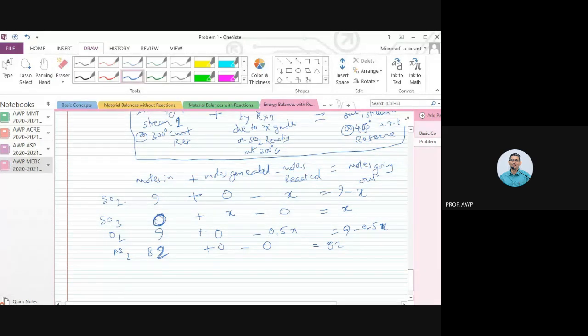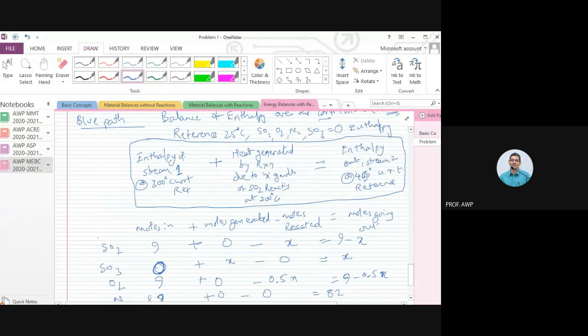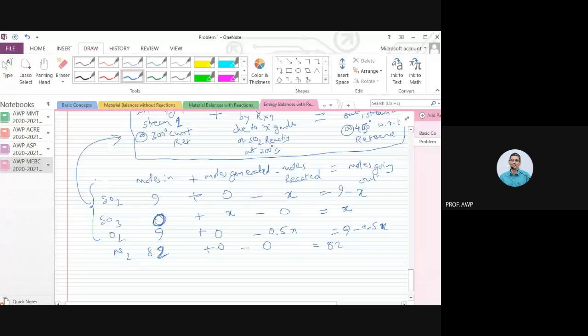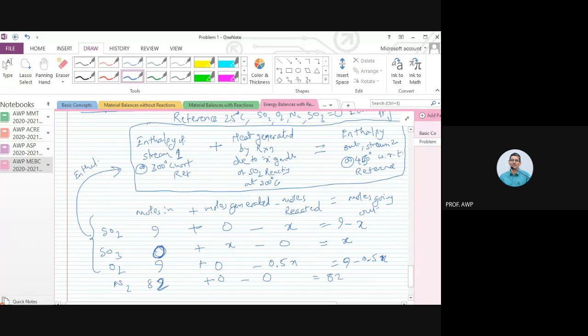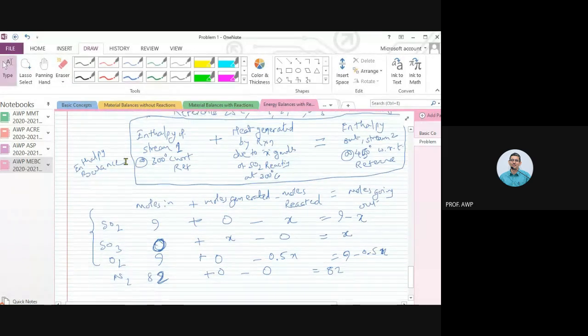So in the same way that we write material balances, we are writing the enthalpy balance also. Material and energy balance, that's the name of the course.